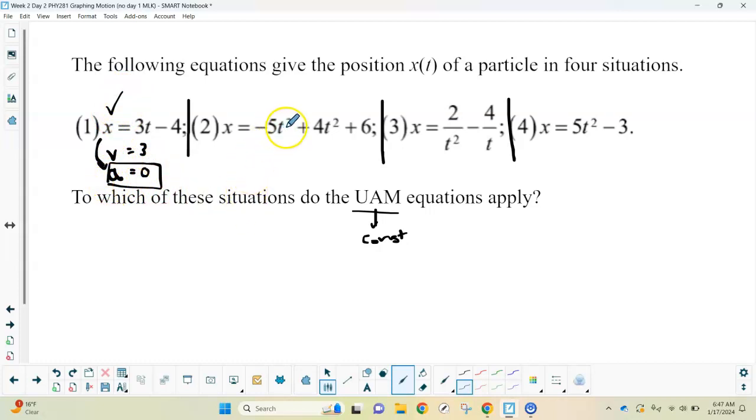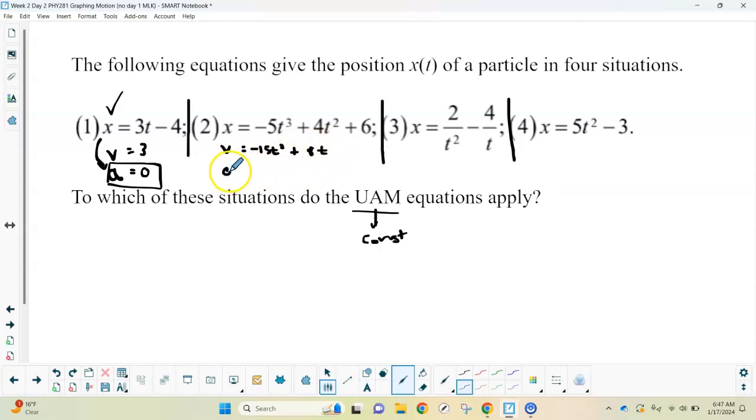If you look at the order of the operations, if you end up with t at the end, it's not going to work. So for the velocity, this would be -15t squared, this is going to be 8t, 6 goes to 0.